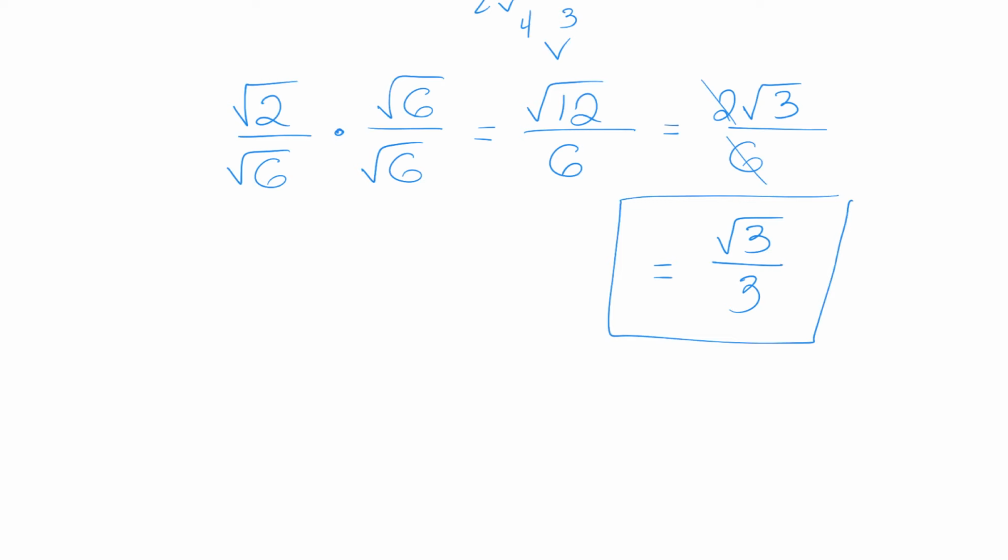Now, the last one I want to talk about for right now is what happens if you have a coefficient already. So let's take a look at this. Let's say we have the square root of 3 over 2 root 5. So this one is different because we have a coefficient outside of the radical. It's not going to change anything. We're still just multiplying. So what we're specifically going to do is only use the root 5.